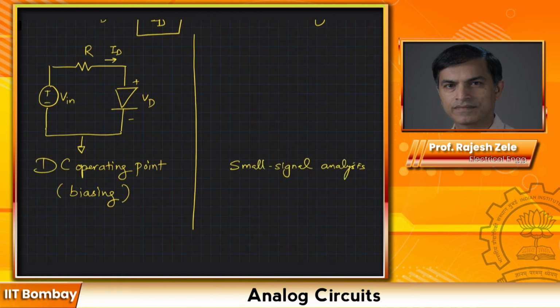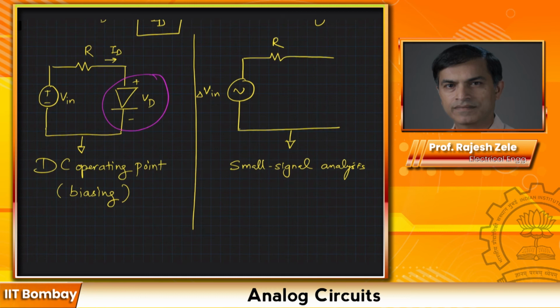So in this case we would replace our DC voltage source with an AC Vin, delta Vin. The resistor stays the same. Resistor doesn't change if you do AC analysis or DC analysis. Now the diode part, the diode is now represented, since it's turned on, with a resistor, and that resistor is Rd.